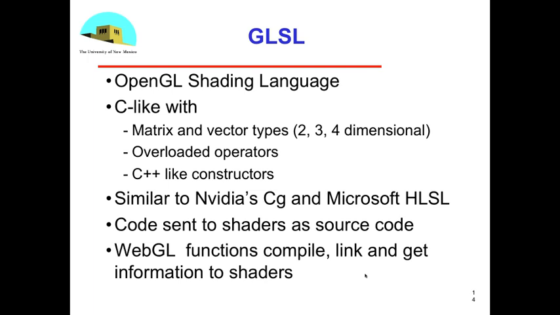So if A and B are matrices of the same dimension, you can just have a matrix C and write C equals A plus B, and everything will be fine. So the code becomes very nice and very short, and not only is it a lot more efficient, but you don't have all these loops in your program. You also have C++-like constructors. But other than that, it's basically like writing C code or Java code.